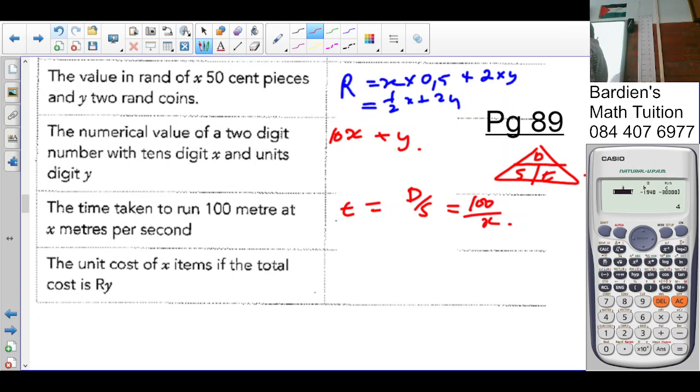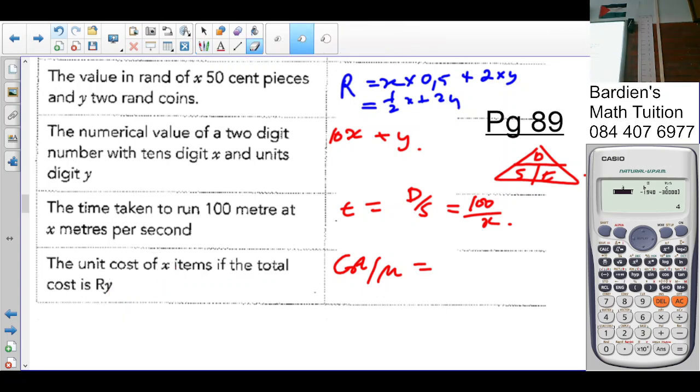The next one: the unit cost of x items if the total cost is y rands. How do you work out the unit cost of 10 items if the total is 80 rand, for argument's sake? Cost per unit, you're going to say 80 divided by 10, which is 8 rand.